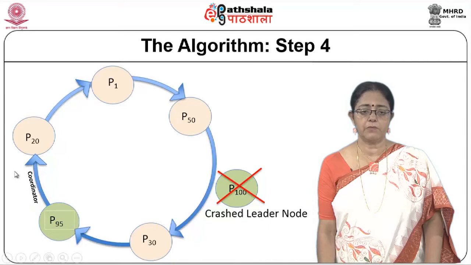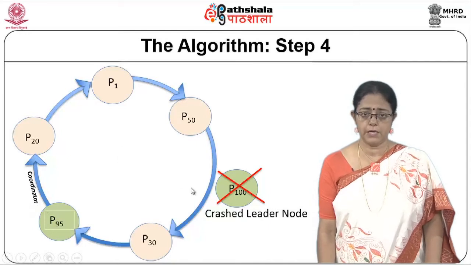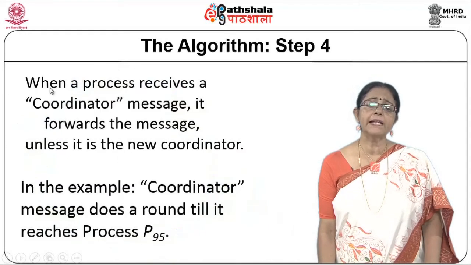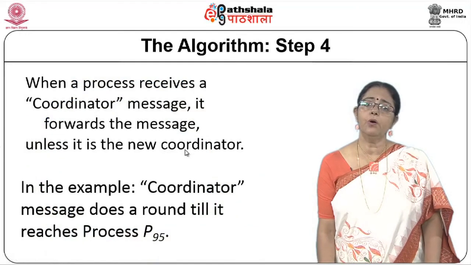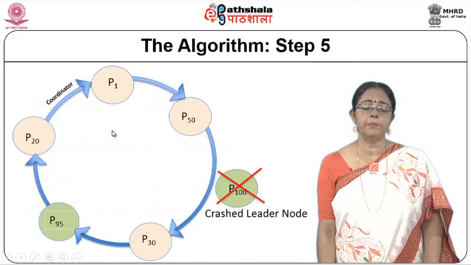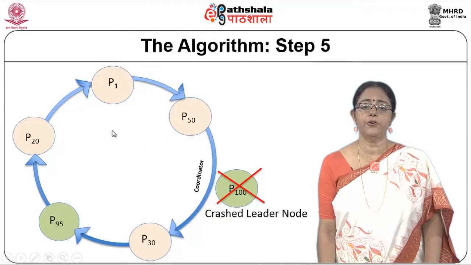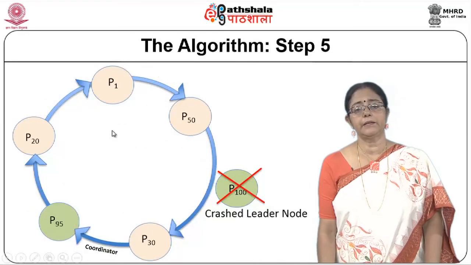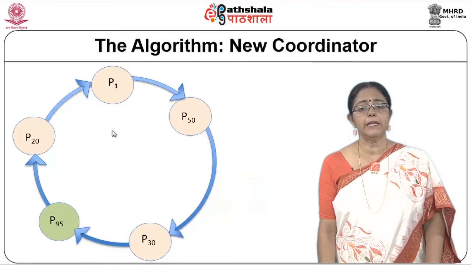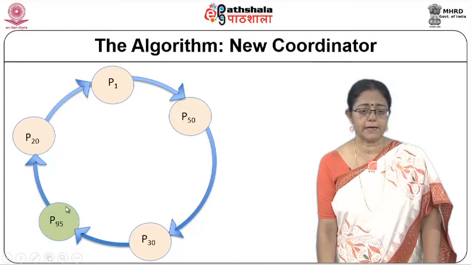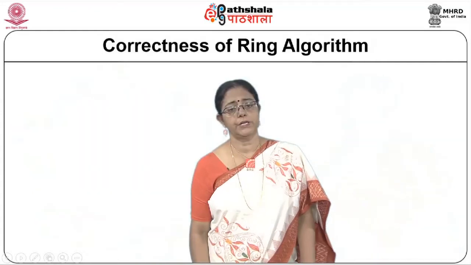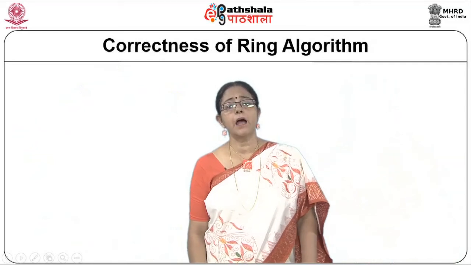P95 sends a coordinator message to the next node, and step 5 says that this coordinator message will be forwarded to all the other nodes. So, P20 will forward, P1 will forward, P50 will forward, and P30 will forward until P95 receives back the coordinator message. Once P95 has received it, it decides that it is the coordinator. So, this is how the coordinator is detected.